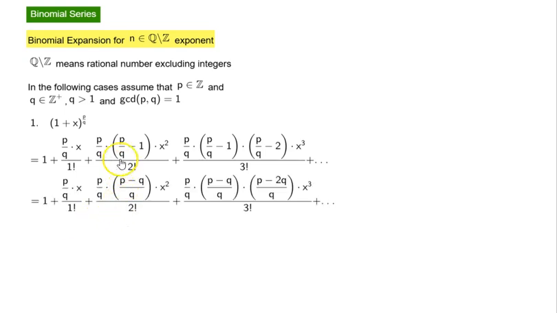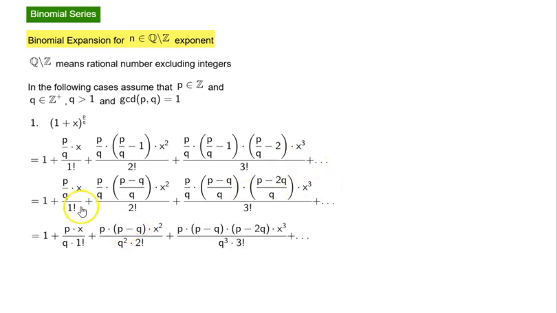Simplifying it by combining these terms, we get p minus q by q, p minus 2q by q, and so on. Simplifying it further, all these q's we bring down. So we have 1 plus px by q times 1 factorial, plus p times p minus q times x square by q square times 2 factorial, and so on.